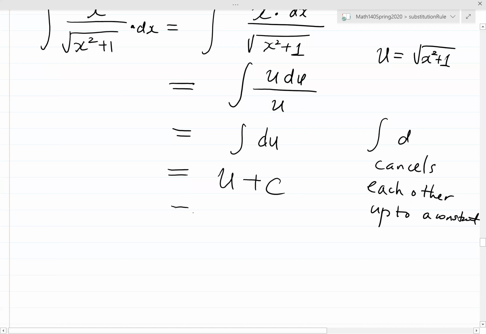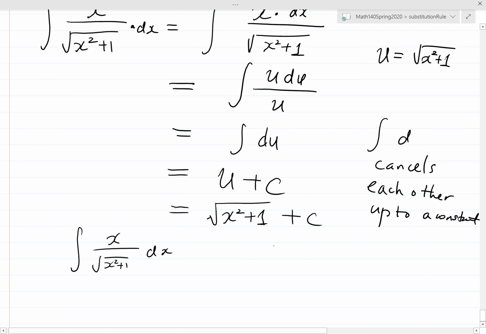By our substitution, u is the square root of x squared plus 1. Once we're done, we add c. So the integral of x dx over the square root of x squared plus 1 is the square root of x squared plus 1 plus c. You can check by differentiating the right side and confirming you get the integrand.